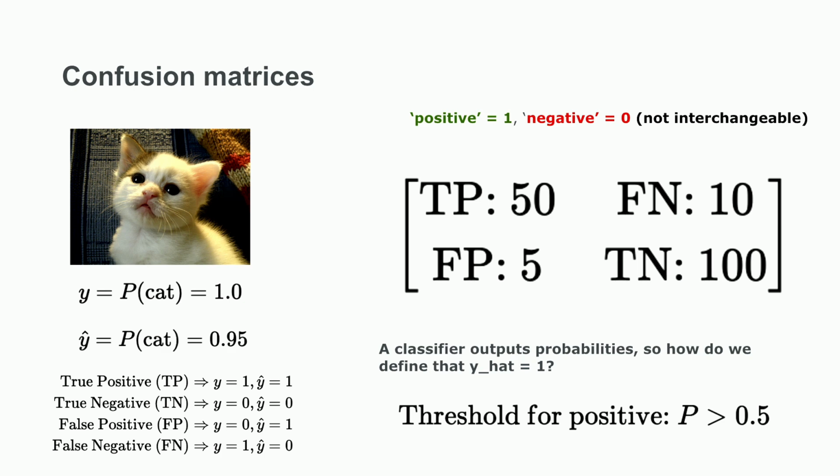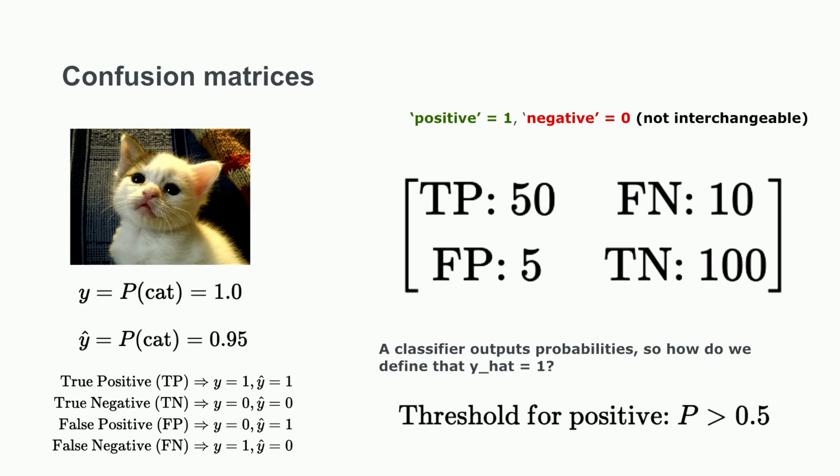Remember that the model will always output probabilities. So we need to find a threshold at which we binarize the probability. The default behavior that we see in most machine learning libraries is that when the probability is above a 0.5 threshold, we say that this is a positive prediction, that we're predicting that this is a CAT.